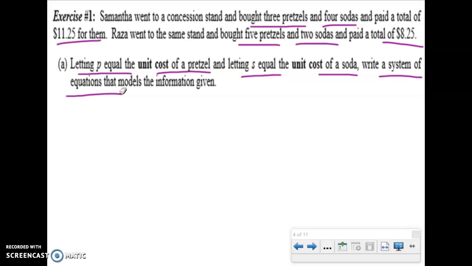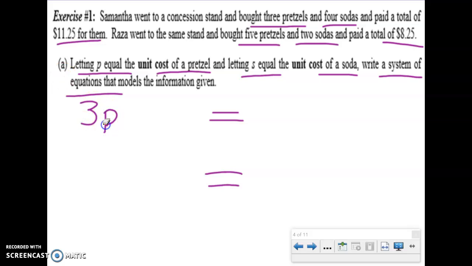Now let's write a system of equations that models this situation. Now remember, a system means 2, so that's more than 1. And so my suggestion would be to just start with a couple of equal signs, right? You know they're going to have them. They're equations. So go ahead and get those down. Now, when we read this, underlining, annotating, and rereading it are super important to fully understanding it. Let's first talk about Samantha. Samantha bought 3 pretzels. So we don't know how much they cost.